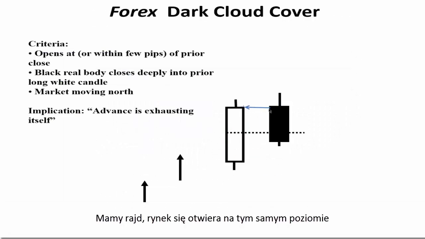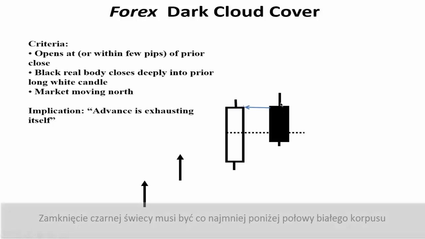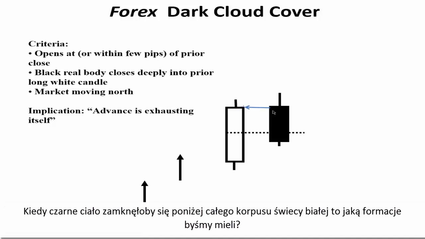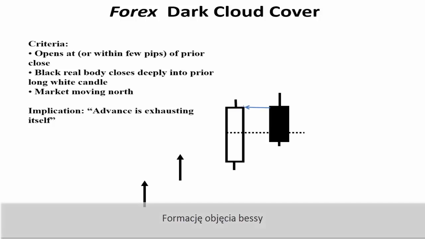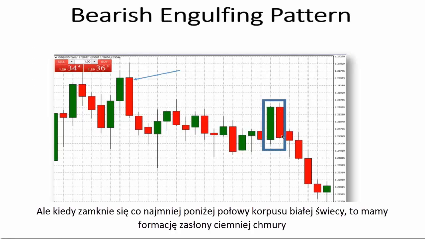So the market opens, we have a rally, we have a white real body, the market opens at the prior close on this session here within a few pips, and notice this dotted line here, the close has to be more than halfway under the white real body. See, if this black real body wrapped around the white real body, that would be what? A bearish engulfing pattern. But if it gets more than halfway under the white real body, it's a dark cloud cover. And this is what this is, a dark cloud cover.